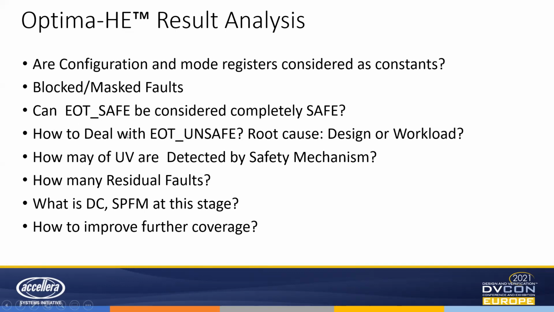Even if you consider the next use case or next workload, with one workload you can actually mark it as safe or unsafe. And if it is unsafe, probably you might go and look at the workload or your design. But if it is EOT safe, we are pretty sure that even if you use the next workload, the fault will not propagate and violate the safety goal. So that's an intelligent algorithm working inside.